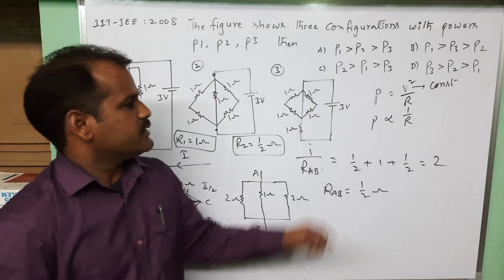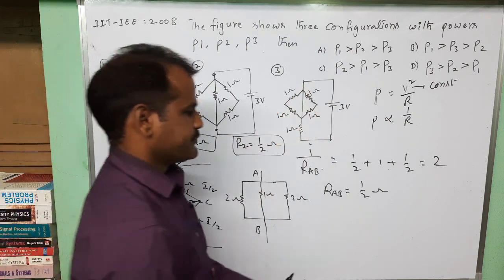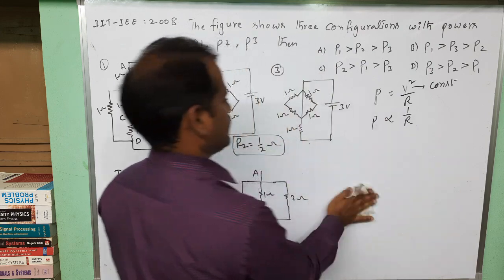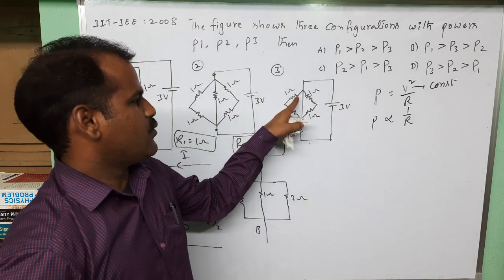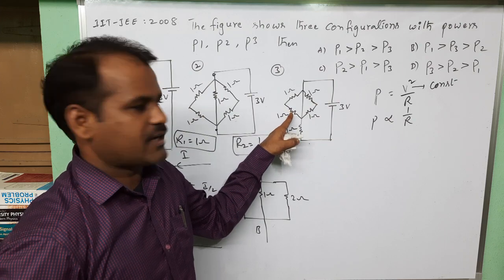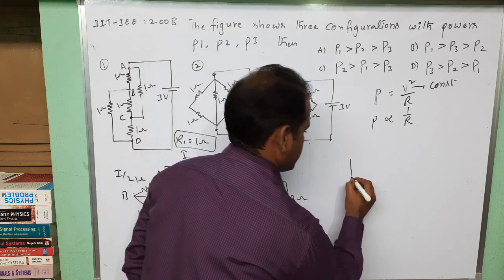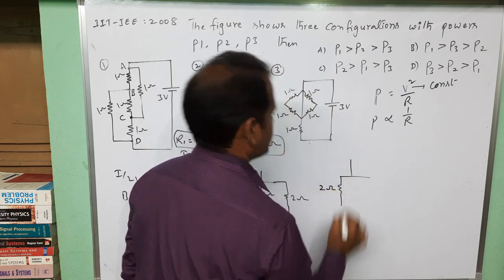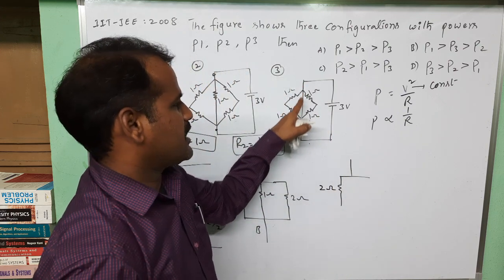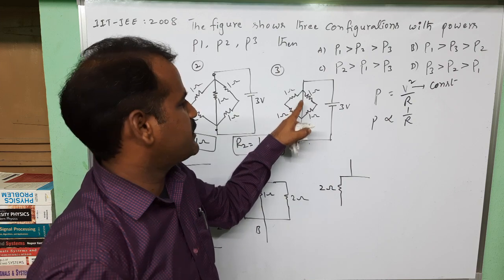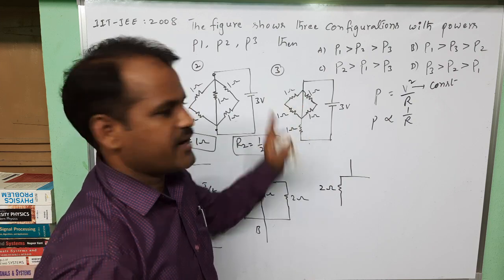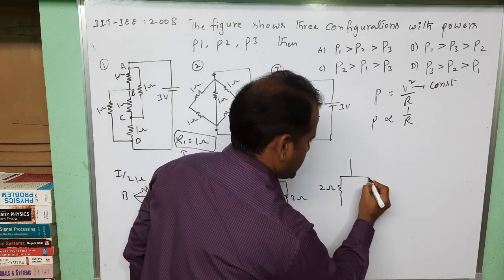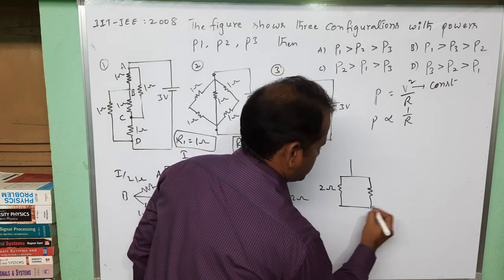Similarly, we need to find the equivalent resistance for the third one. Here 1 ohm is in series with another 1 ohm, that means 1 plus 1, 2 ohms. There is no resistance in this branch, so we can eliminate this branch. Here this one, 1 ohm and 1 ohm are both in series, so that is 2 ohm.